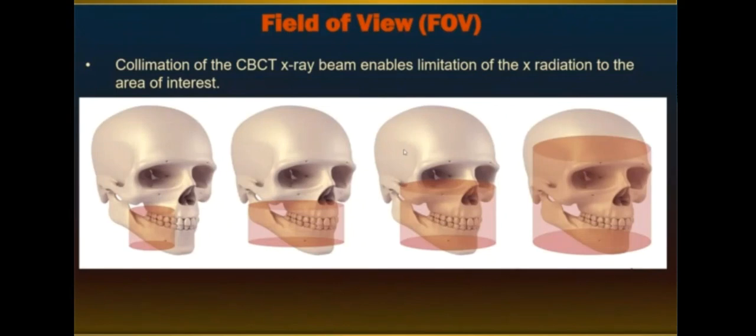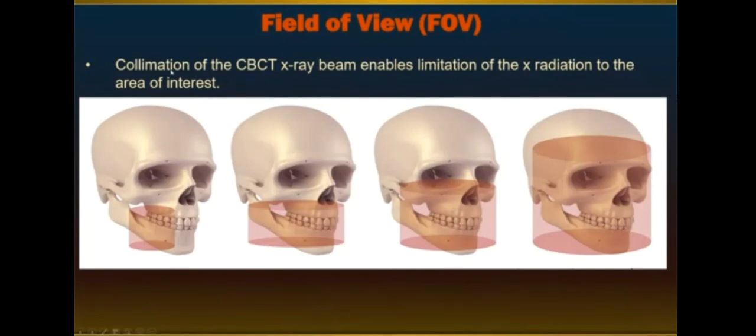The bigger the field of view, the more expensive the machine. So as an implantologist, what do you need in your office? This is a very important thing. Or if you don't have a CBCT and don't plan to have one, what field of view should you ask for? Do you want to scan a single tooth, a quadrant, both jaws, the whole skull? Let's see.